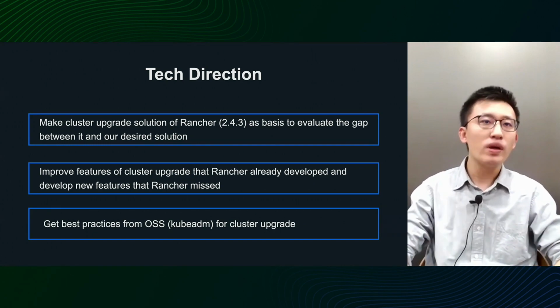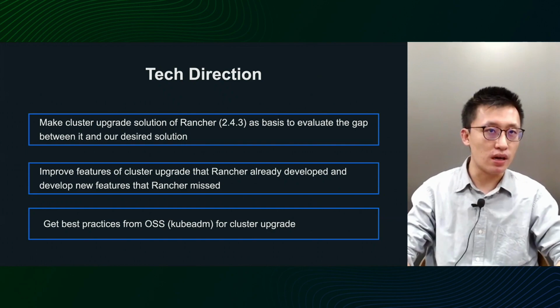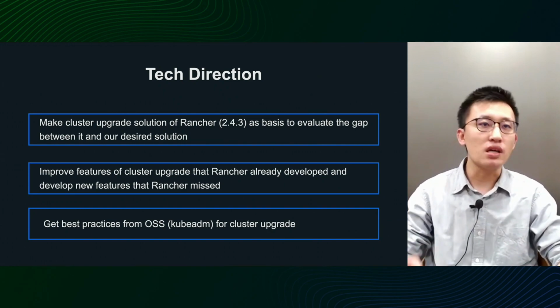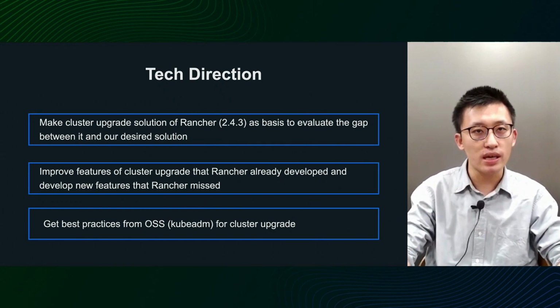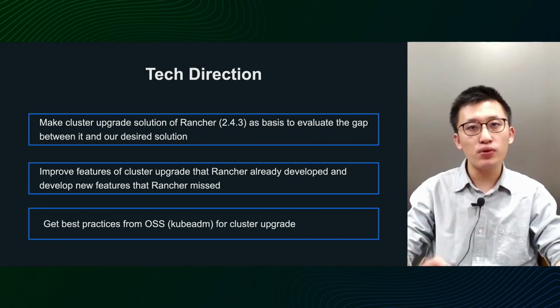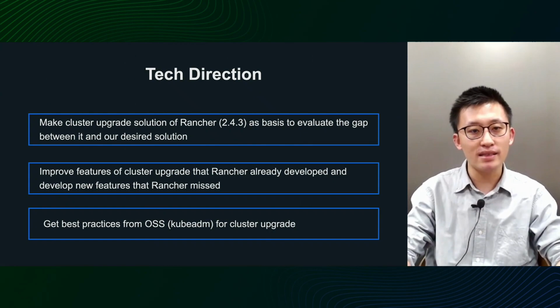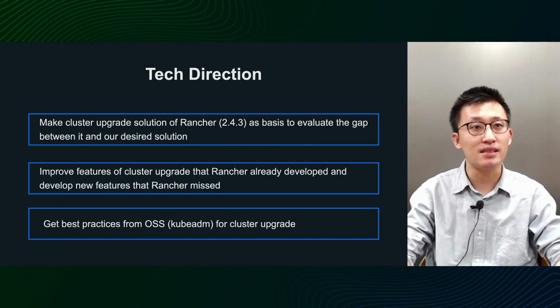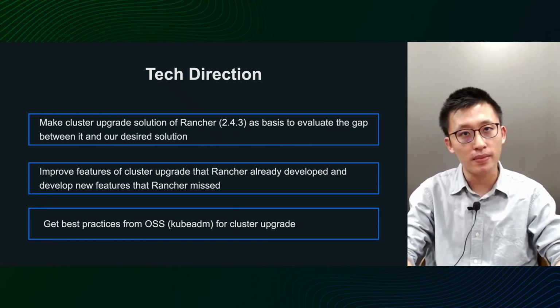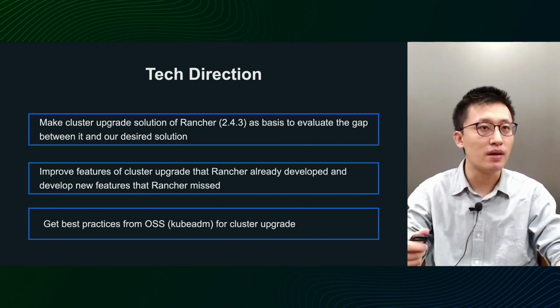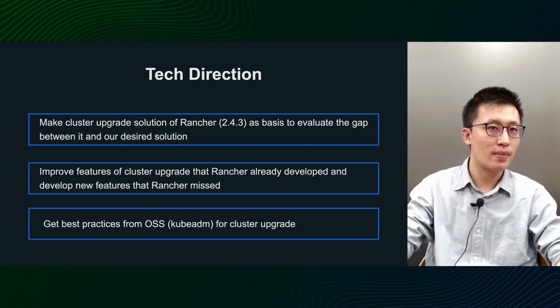So finally, we chose the fusion way. We use Rancher's cluster upgrade solution implementation as a basis, and improve the Rancher logic that doesn't implement the necessary features completely. We reuse some of them and we enhance them.